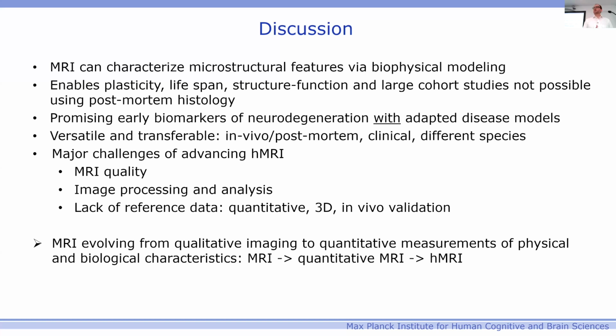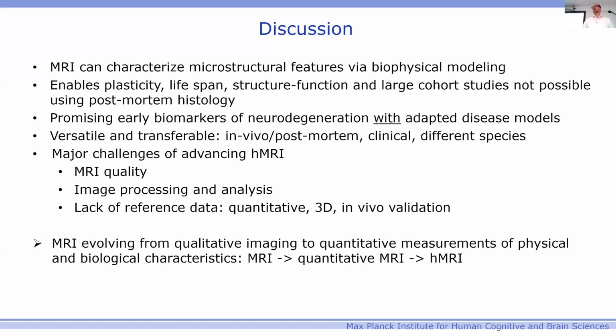Major challenges we still see are clearly on the MR quality side, which needs further improvement. Image processing is another: these are large data sets that pose specific challenges. And another is that we very often lack reference data, so we need more large-scale histological data. We need in vivo validation.